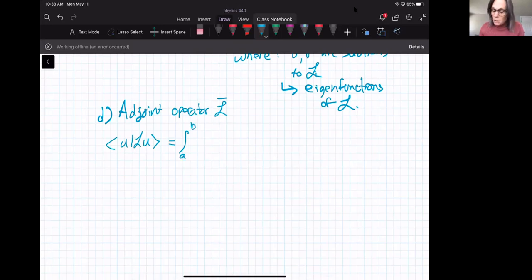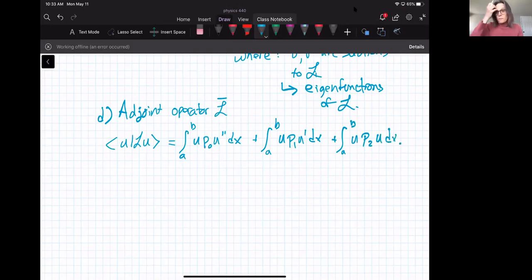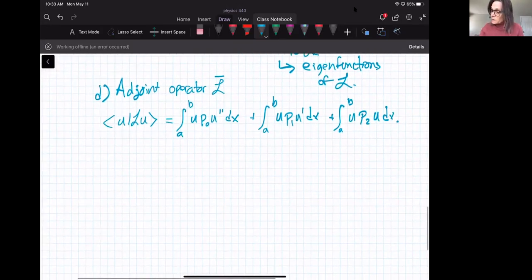So from a to b of u p naught u double prime dx plus the integral from a to b of u p1 u prime dx plus the integral from a to b of u p2 u dx. Okay, those are just taking out the different pieces, and what I'm going to do is break these out into A, B, and C. C we're just going to leave as is.